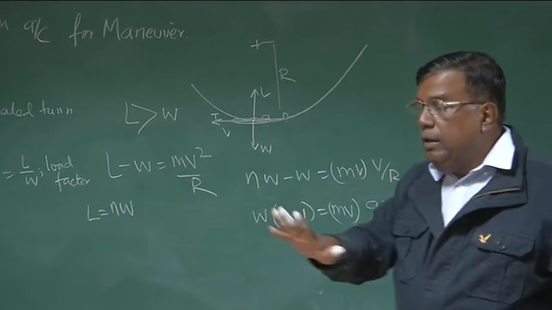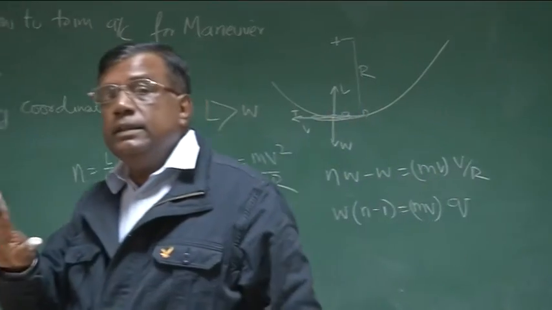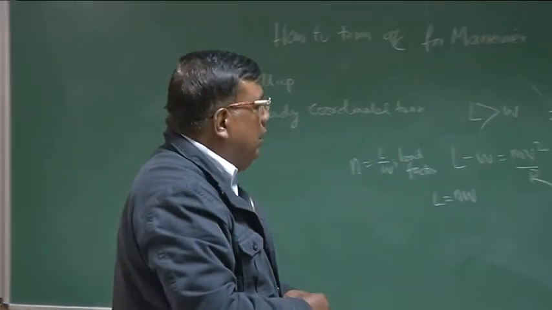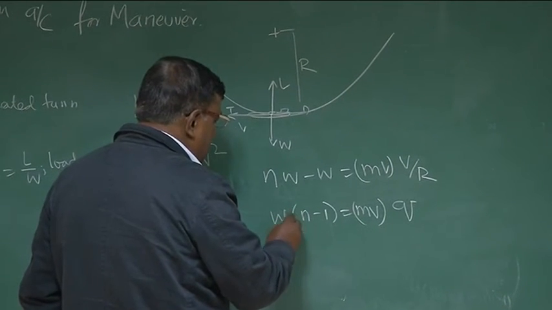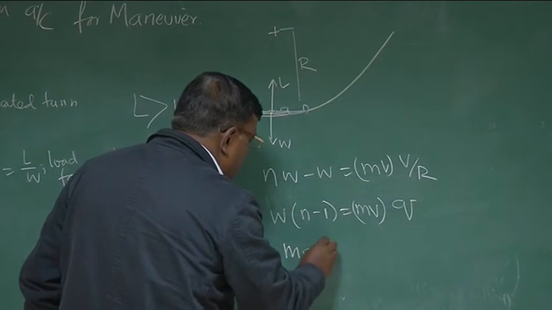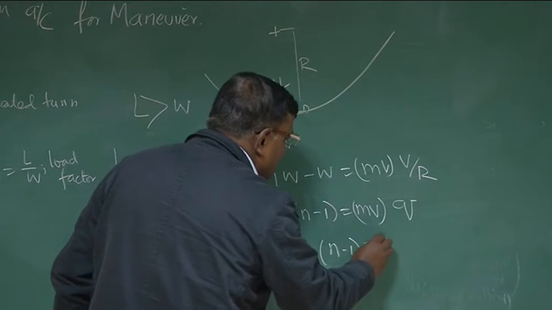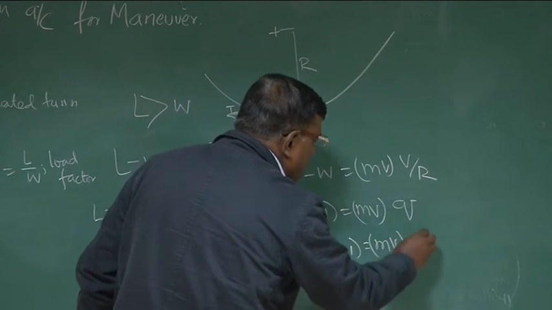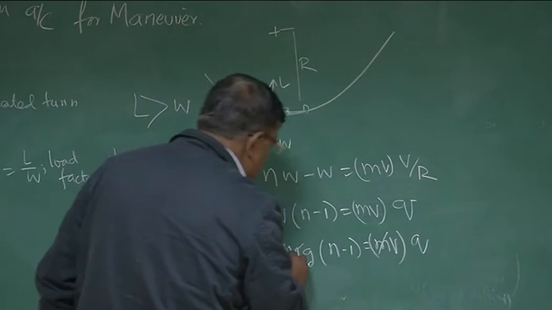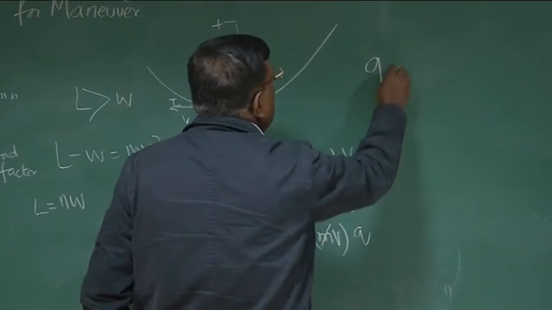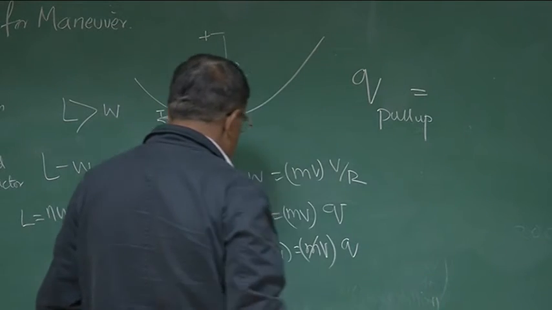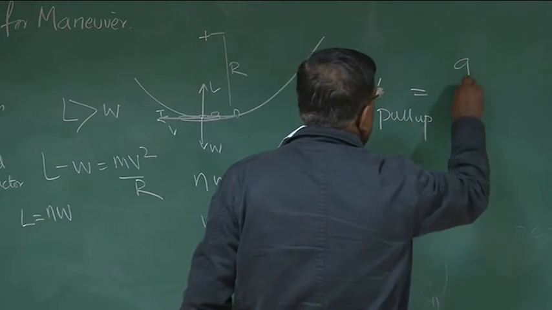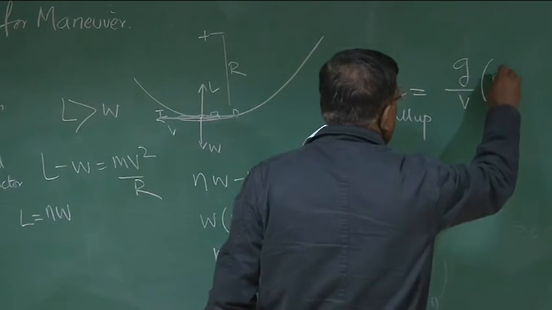This angular rate is about the y-axis. Correct? So now I have replaced V by R by q, and I can write mg(n minus 1) is equal to mV into q. m gets cancelled, so I get q for pull-up is g by V (n minus 1).